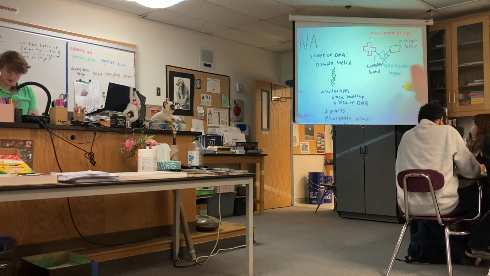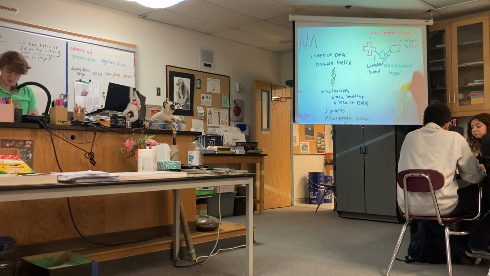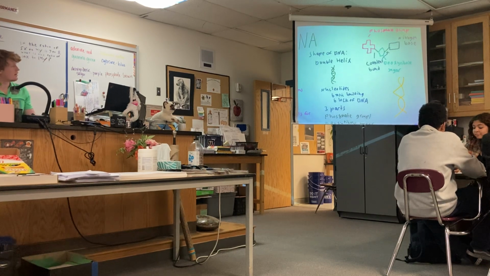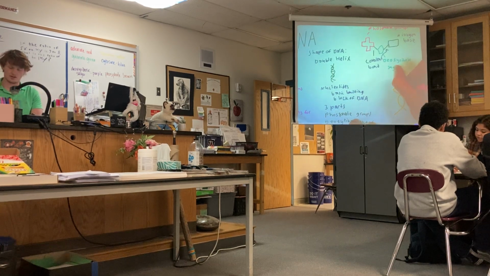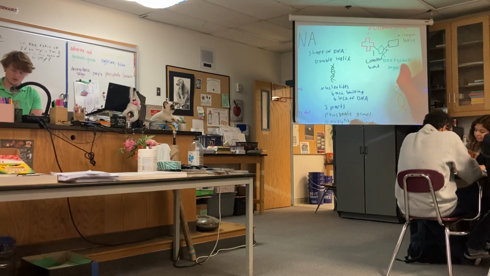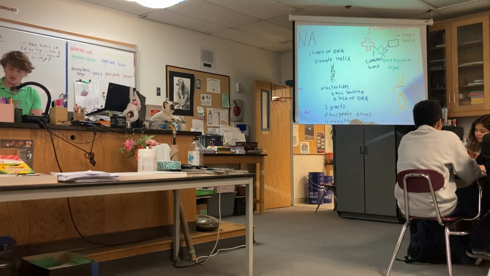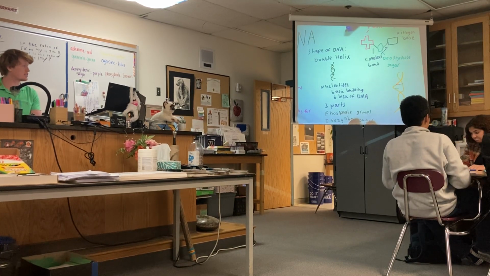Now, down here. Guys, can you stop the side conversation for this part? Thank you. So we're going back to our zoomed out picture of DNA, where we can see our double helix shape.